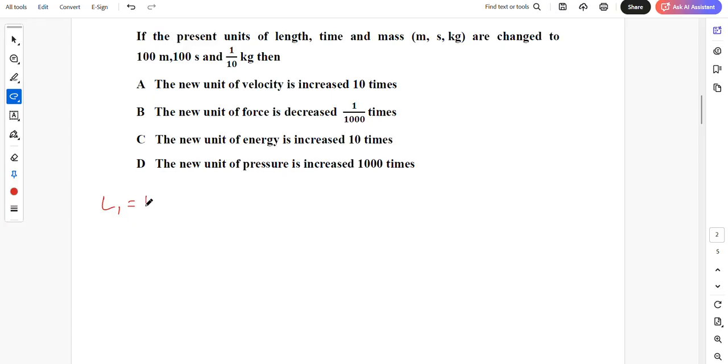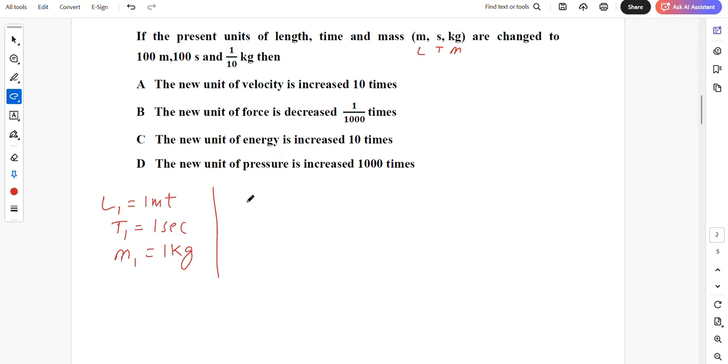L1 is equal to 1 meter in the first case, T1 is equal to 1 second, and M1 is equal to 1 kg. This is one system of units.